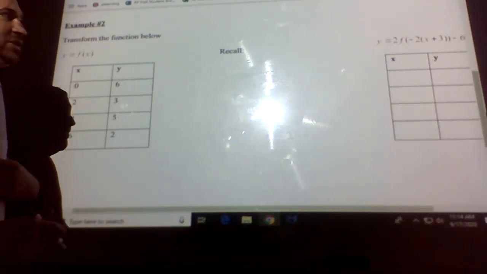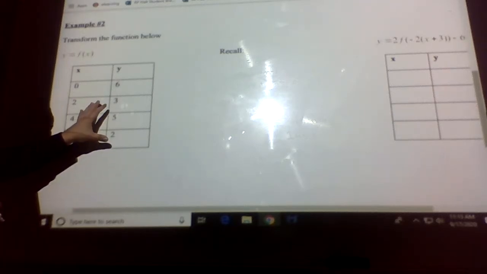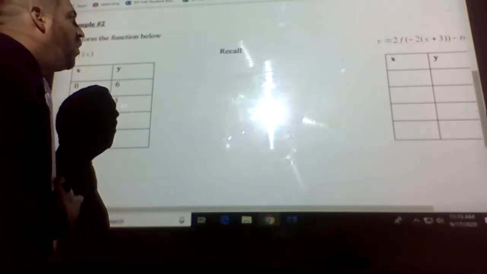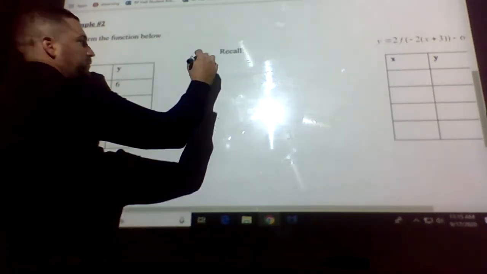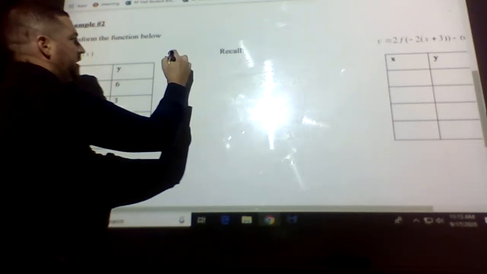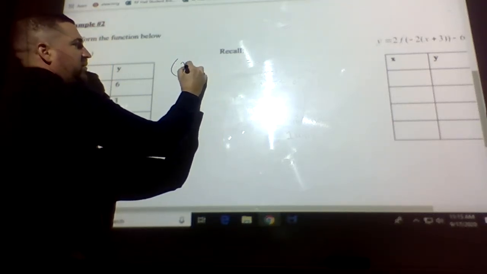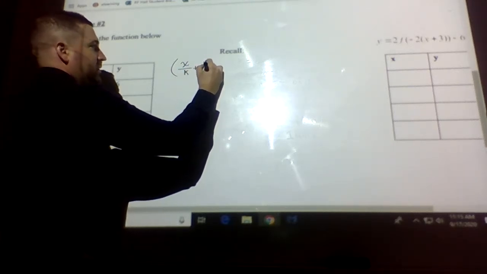So hopefully you guys learned this last year. We could figure out what to do with these points to get to here. Hopefully you guys learned the mapping formula. I hope this is not in the glare. So the formula is x divided by k plus d.